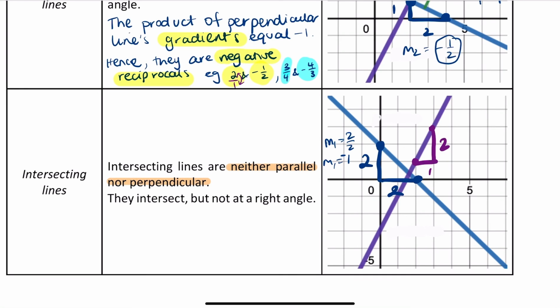Now our purple line's gradient is 2 rise over 1 run, and it's going in the positive direction, so it stays positive. So this gradient is 2. These two are not the same, and they are not negative reciprocals of each other. Therefore, these are neither parallel or perpendicular.